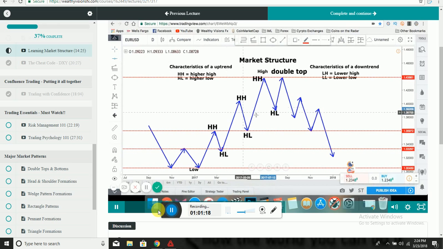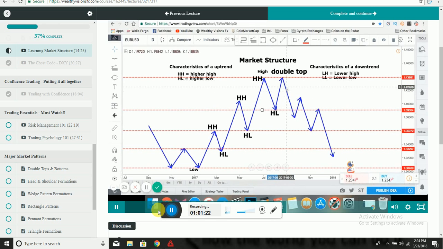When we get a break of this structure right here, right, once this move right here breaks this and closes below it, right, a few candles close below it, not the wicks, right, we don't care about the wicks when it comes to structure. We want the candle bodies to close below it.